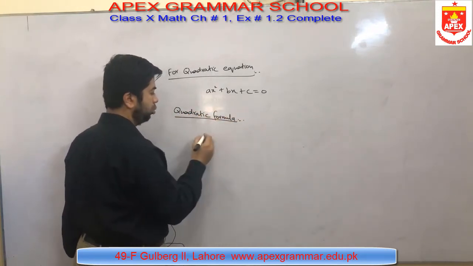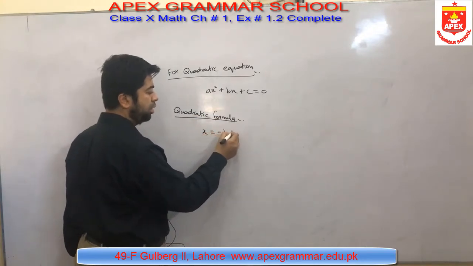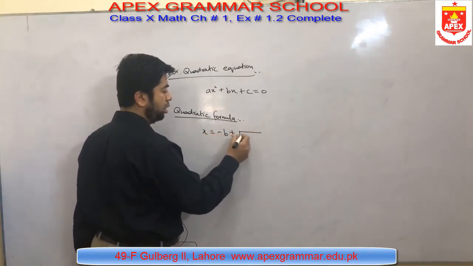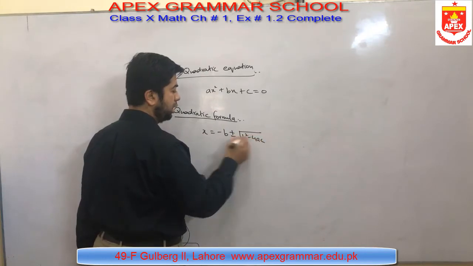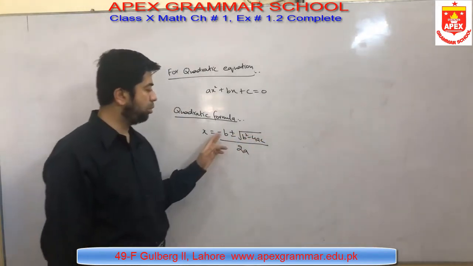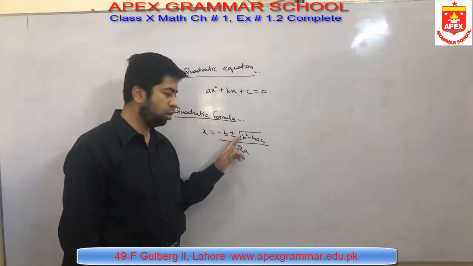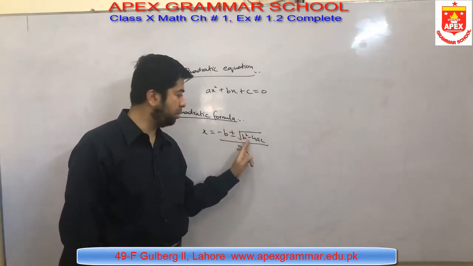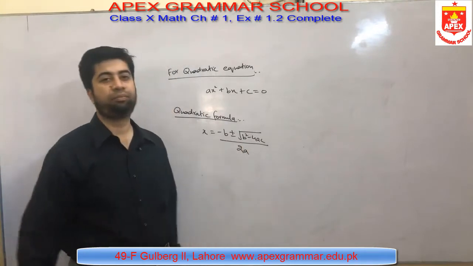The quadratic formula is x is equal to minus b plus minus square root of b square minus 4ac, divided by 2a.